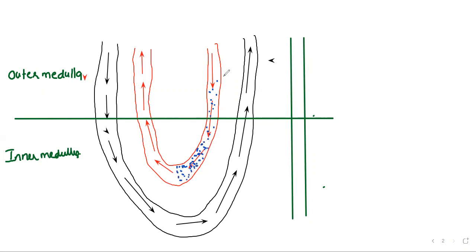When the blood is coming down, let us say the concentration is 300 milliosmol per liter; when it reaches down, it reaches 1200 milliosmol per liter. How does this happen? When does the concentration gradient increase?